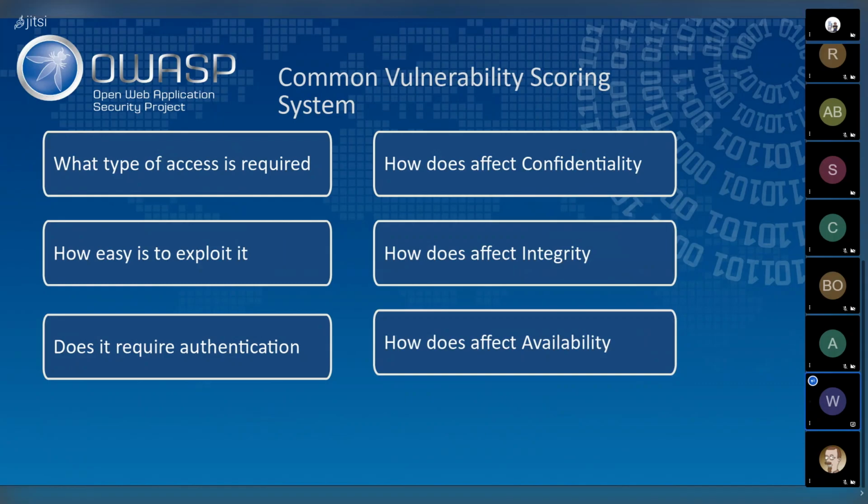Now let's have a look at the timeline. The 10th of March was the day the vulnerability was disclosed publicly. On the 7th of September, Equifax reported the breach. So the breach happened somewhere between those two dates.